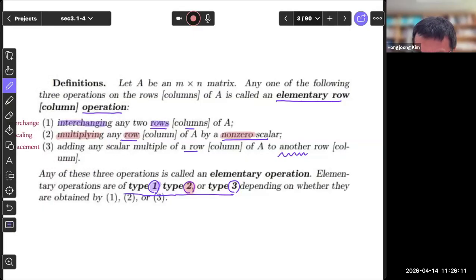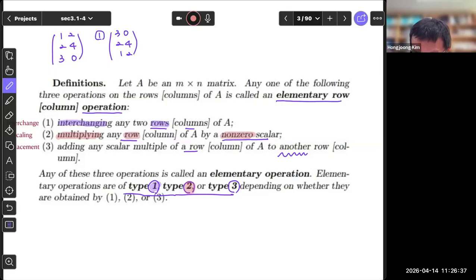If I have, say, the matrix with rows 1, 2; 2, 4; and 3, 0. Interchange means I can interchange, for example, the first row with the third row. Then type 1 will change the matrix into 3, 0; 2, 4; 1, 2.